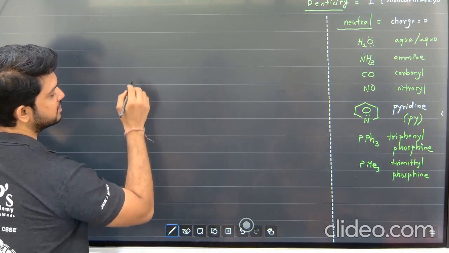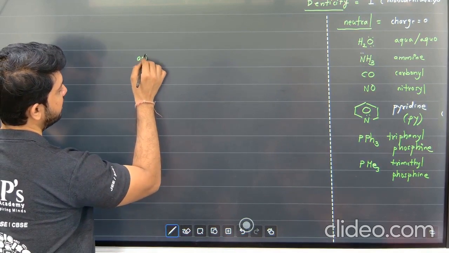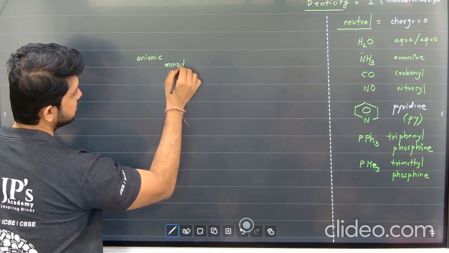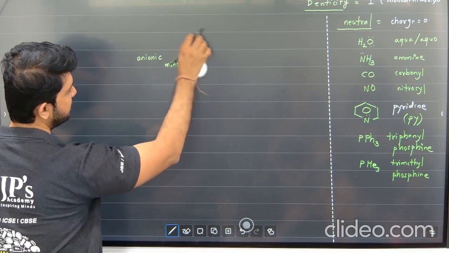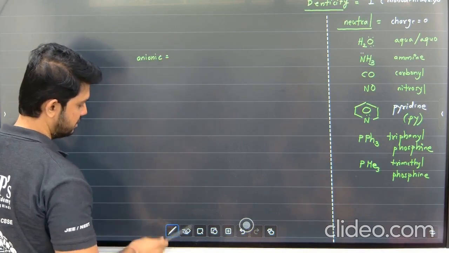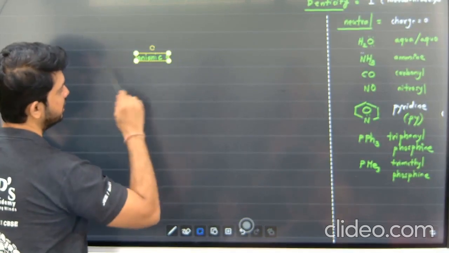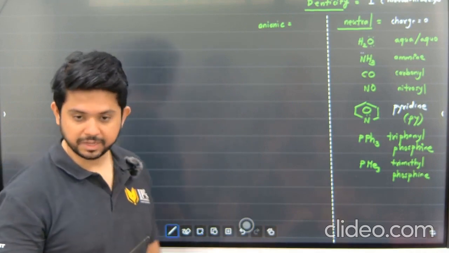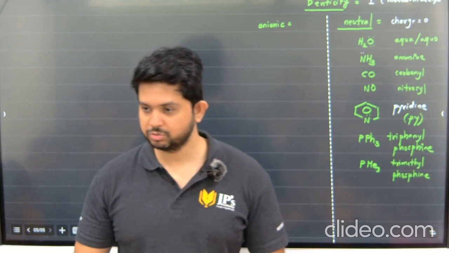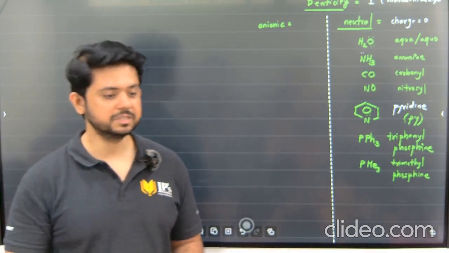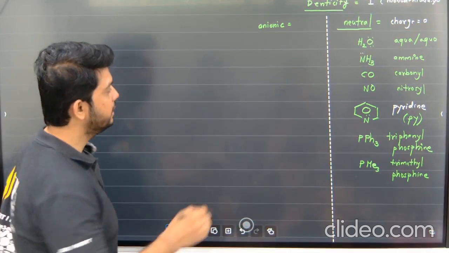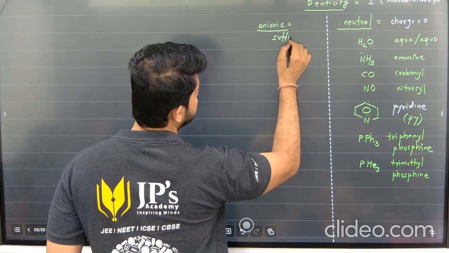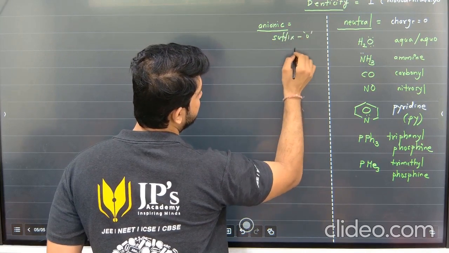So next we have some anionic monodentates. Anionic means what charge do they carry? They may carry -1, -2, depending upon the anion which is there. And in nomenclature we add 'o'.